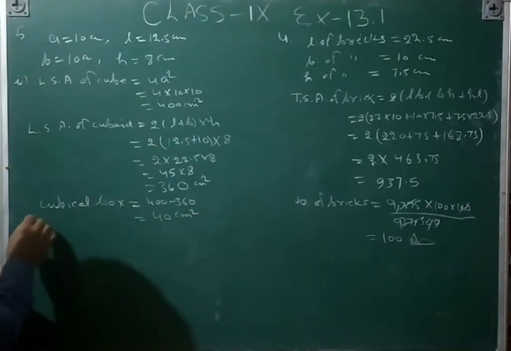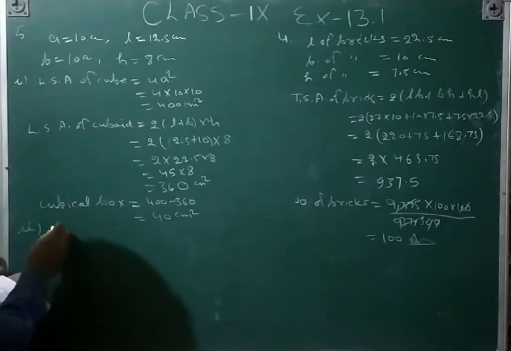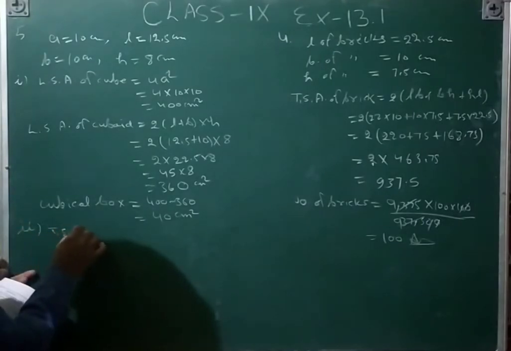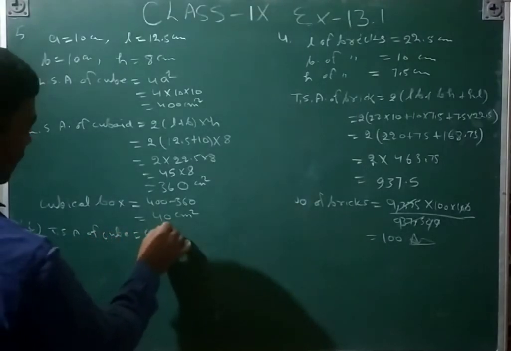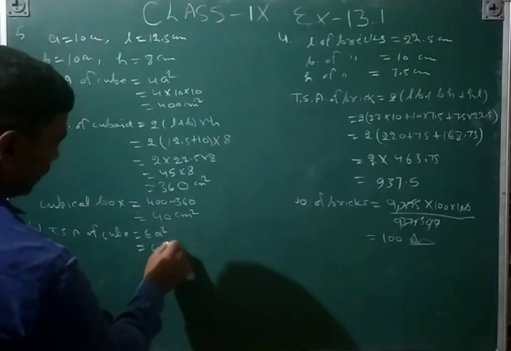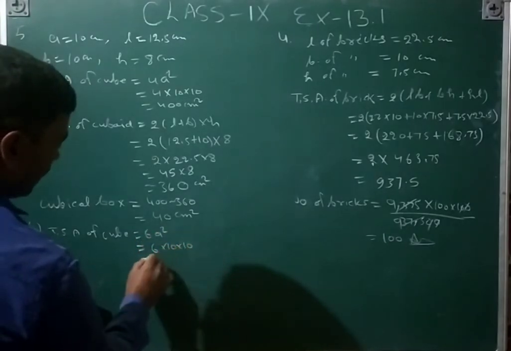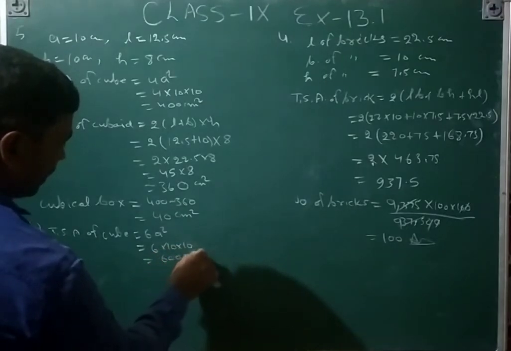And then the second part is saying which box has smaller total surface area. So TSA of cube is equal to 6a square, that is 6 into 10 into 10, equal to 600 centimeter square.